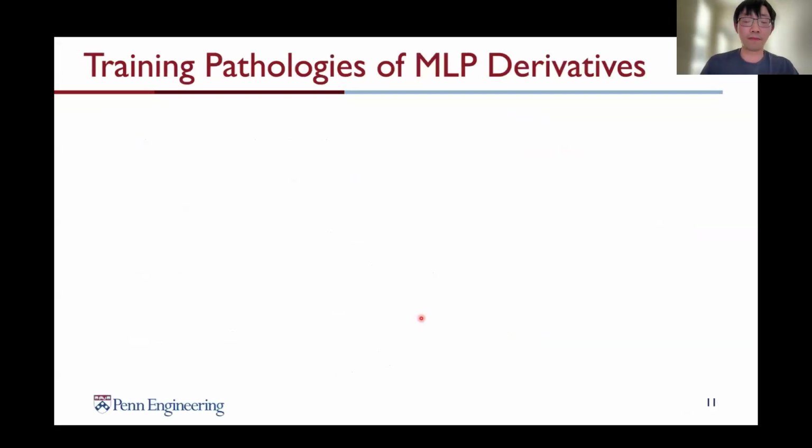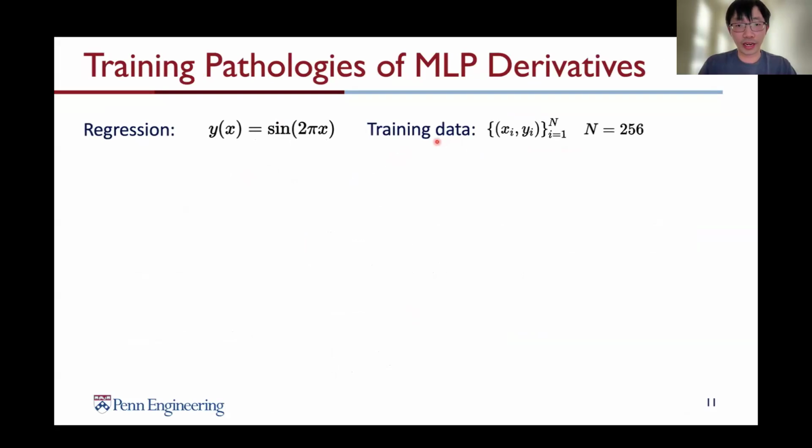Next, I want to give some numerical support. So here we consider a simple regression problem. We have this target function, and we can generate the training data by uniformly sampling x_i's in a unit interval, and computing the y_i's based on the formula. Here I just take 256 points.